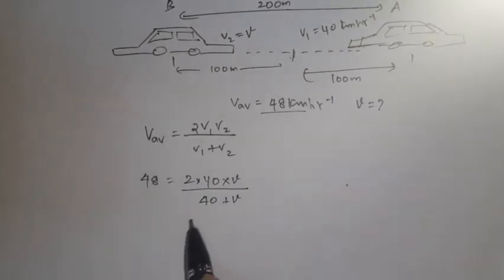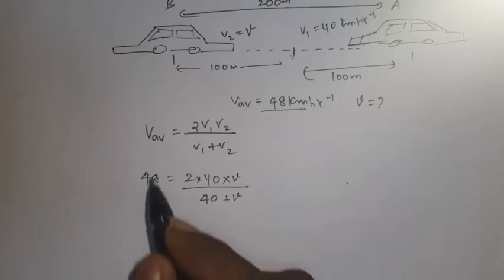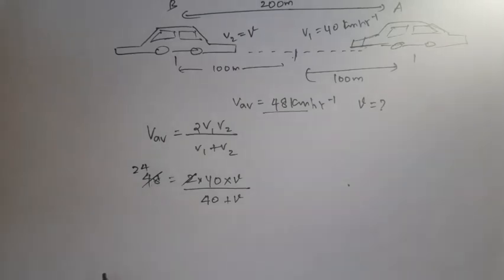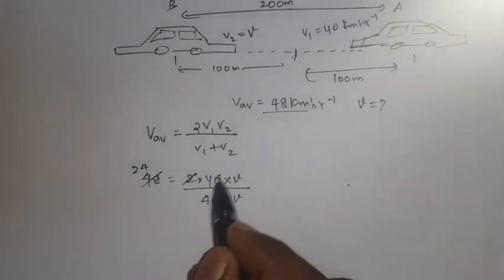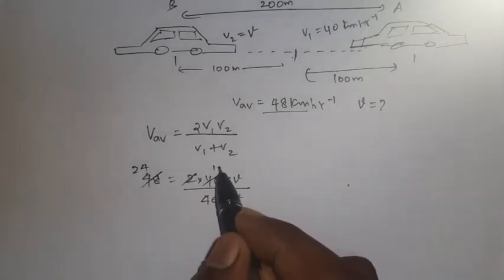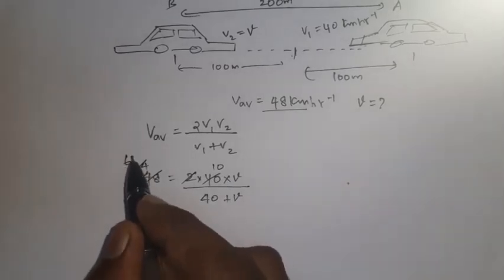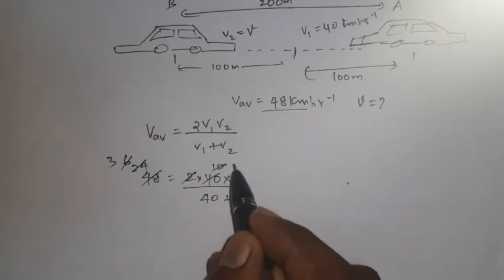Now I have to simplify. For 48, cancel using the tables: 2 2s are 4, 4 2s are 8, then 4 10s are 40, 6 4s are 24, again 3 2s are 6, 5 2s are 10.